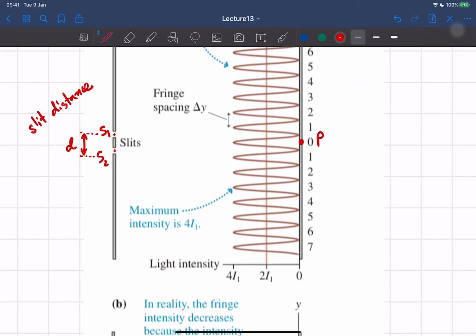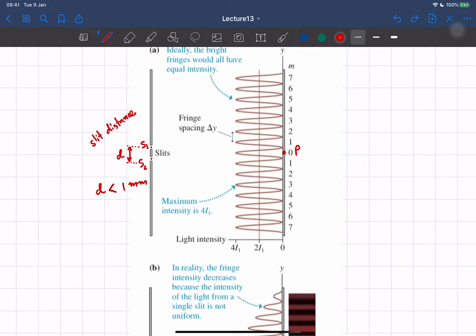Usually, small d is less than 1 millimeter for this interference to be easily observed in real life. So that's a very small distance d. And what I'm going to say next is that because of this smallness of d, we can write down some approximation that applies only for light waves. Okay, so what are we going to do?